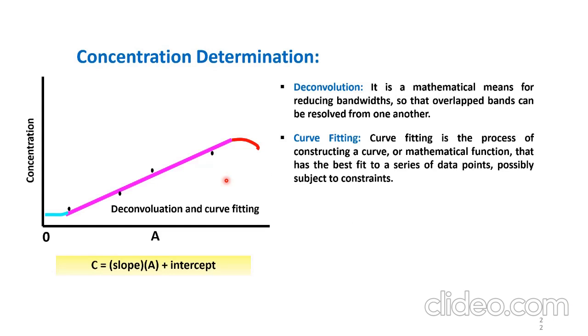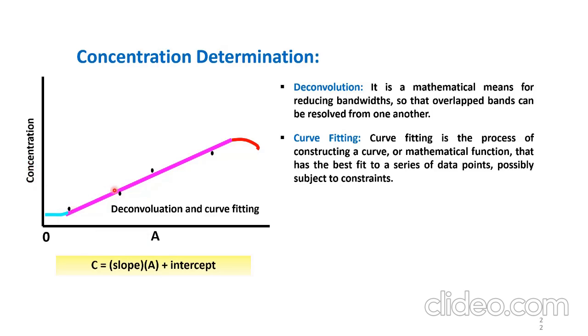So for example, here we can make a calibration curve. Suppose we have taken 3 or 4 points, and depending upon the absorbance, the concentration will be fixed.